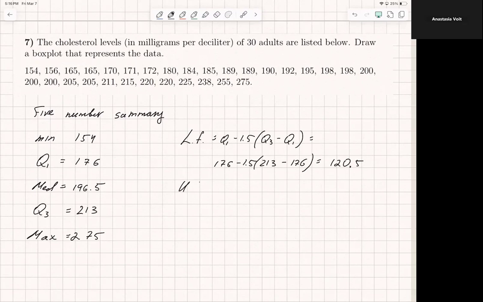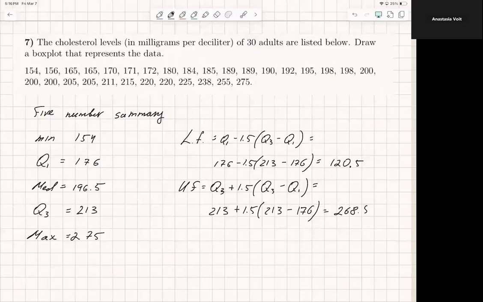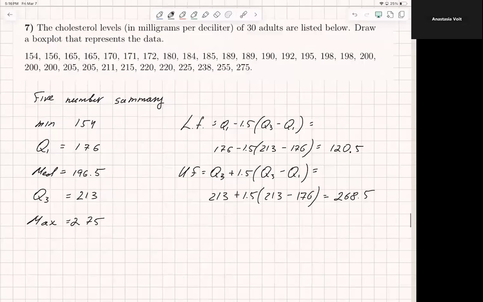And the upper fence is Q3 plus 1.5 times (Q3 minus Q1), which is 213 plus 1.5 times (213 minus 176), which will give me a value of 268.5.